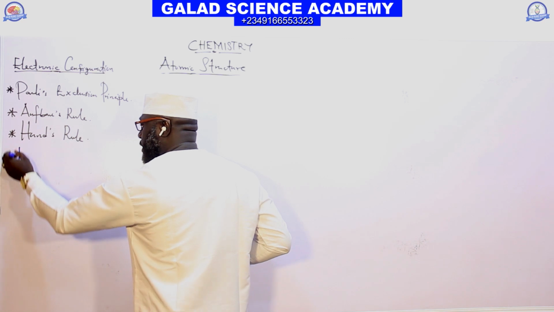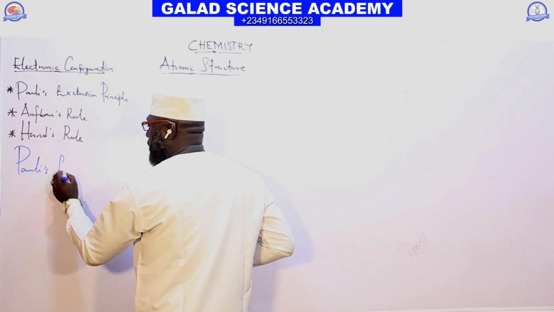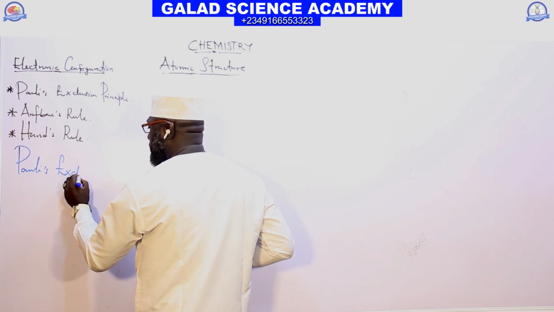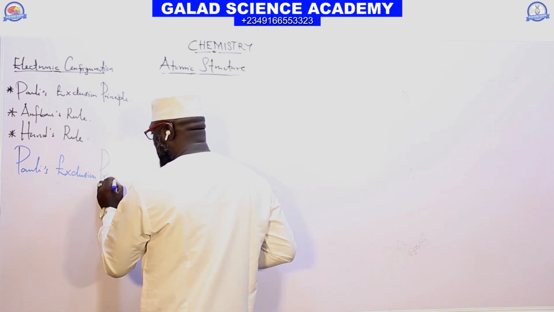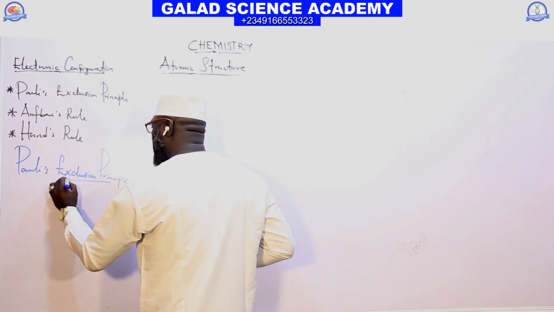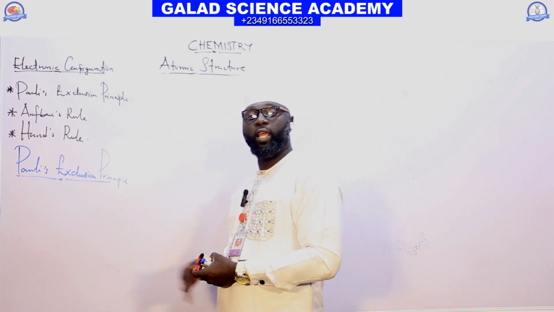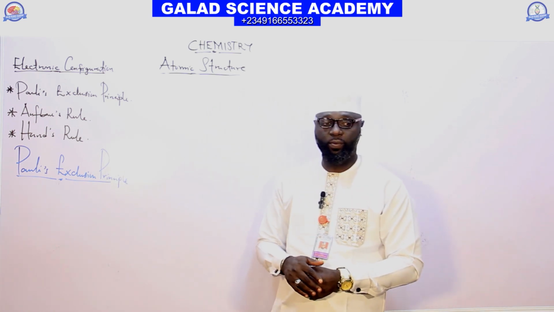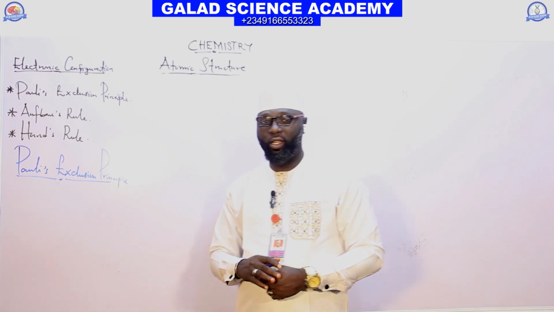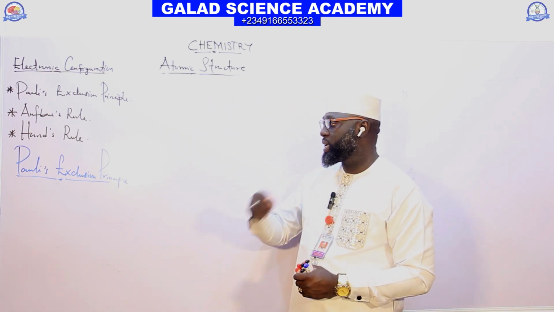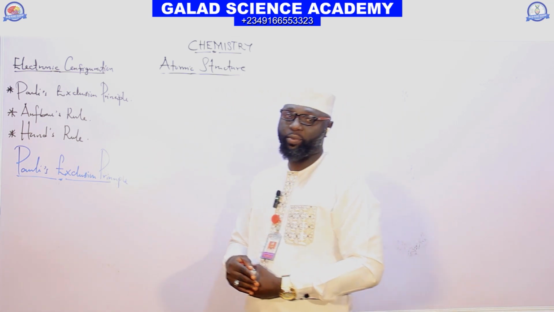The first one is Pauli. So the Pauli exclusion principle states that no two electrons in the same orbit have the same four sets of quantum number.